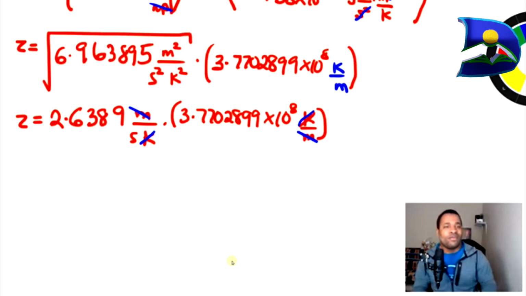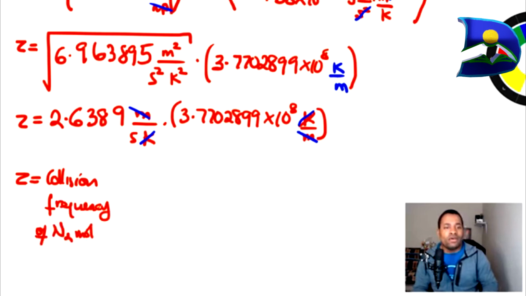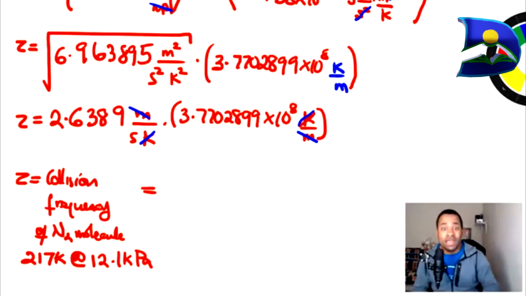So in this case, for our collision frequency, we're able to not only get our answer but also derive the unit, which shows that our z, which is the collision frequency of a nitrogen molecule at a specific temperature, which is 217 kelvins at 12.1 kilopascal, will have this particular molecule colliding with this many particles in that particular space, which is around 9.949 times 10 to the 8 in 1 second, which is massive.